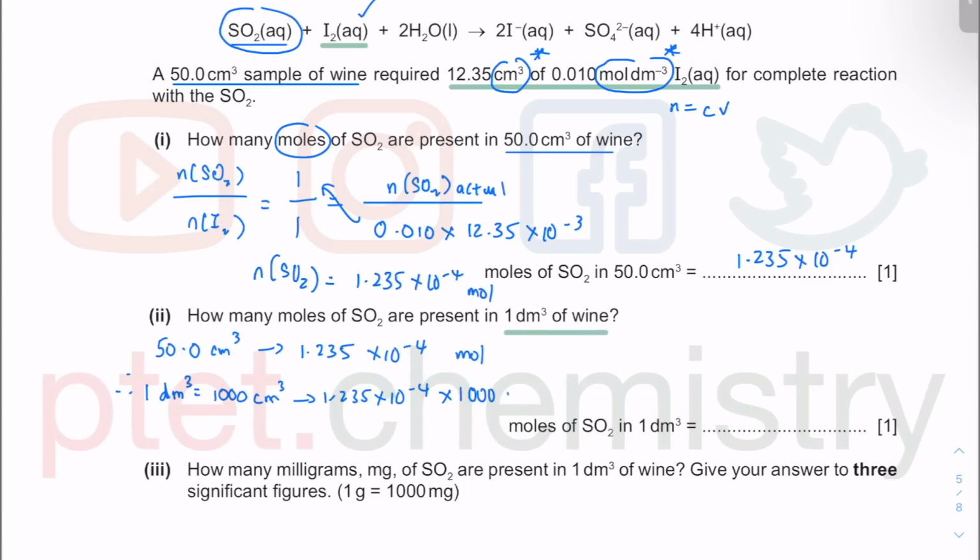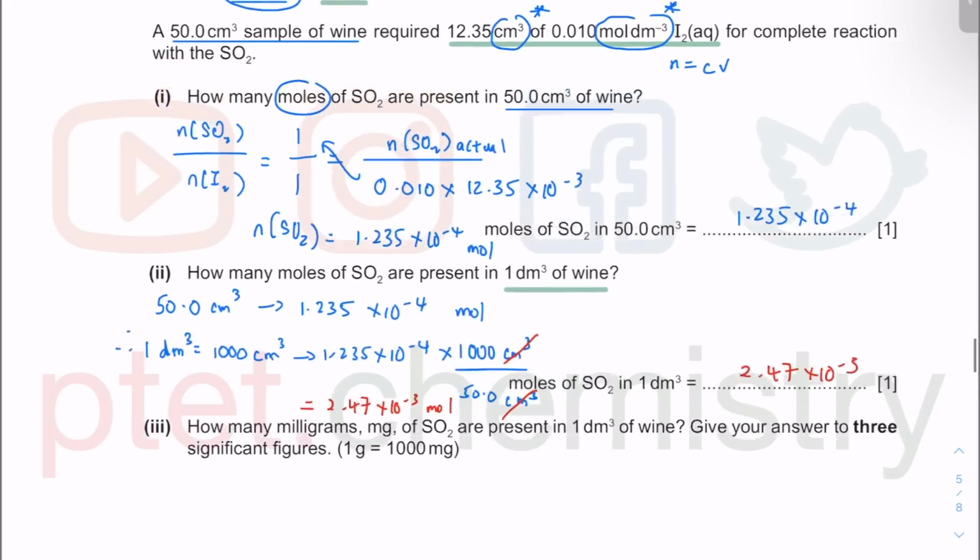So 1000 cm³ divided by 50.0 cm³, and if you follow the math and the units, you will see the cm³ and the cm³ cancel. So that is a factor of 1000 divided by 50, so I get 2.47 times 10 to the power minus 3 mole. Let me just double check my calculation because I might have pressed it incorrectly just now. Yep, I get 2.47 times 10 to the power minus 3 mole.